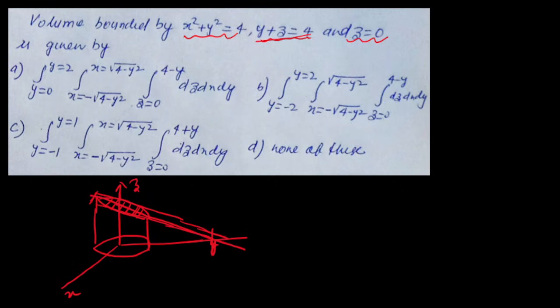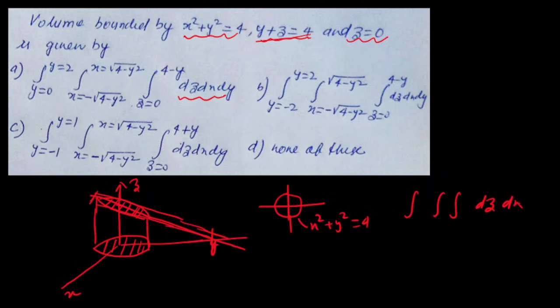But if you take the projection of this cross section in xy plane, the projection will be the circle in xy plane, that is x square plus y square is equal to 4, right? So if I have to decide the limit, how will I decide the limit? The options are given like dz dx dy. So let me write the limit dz dx dy.